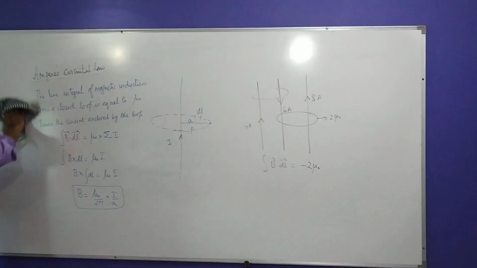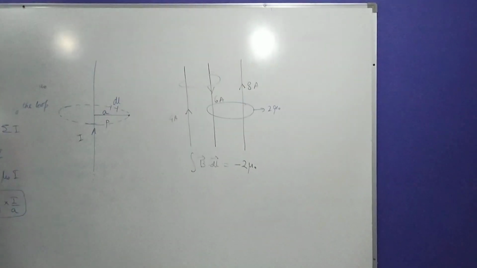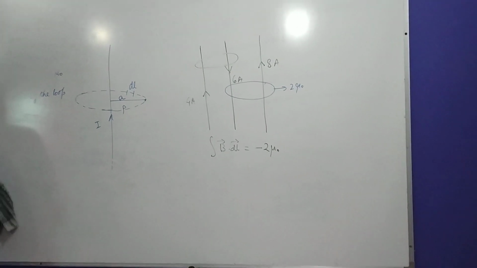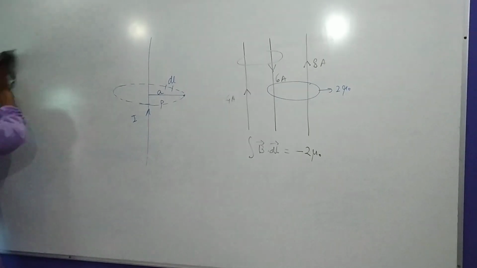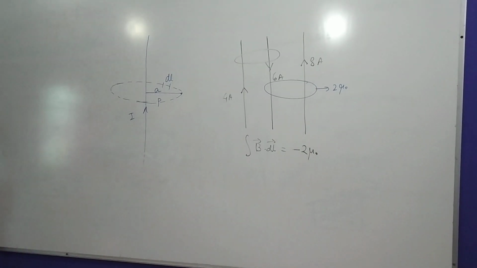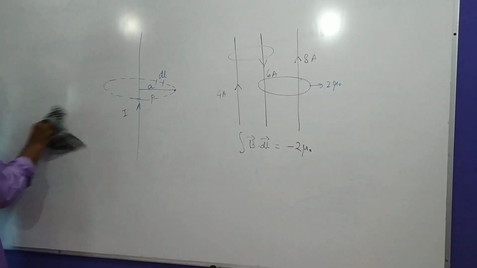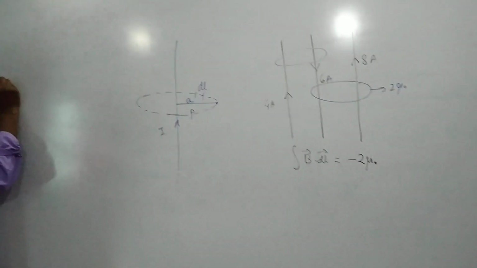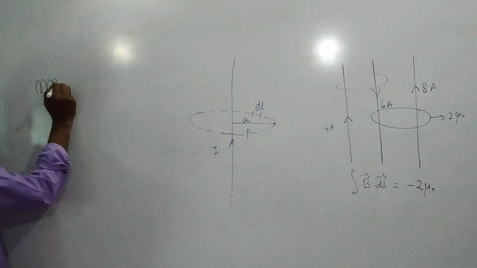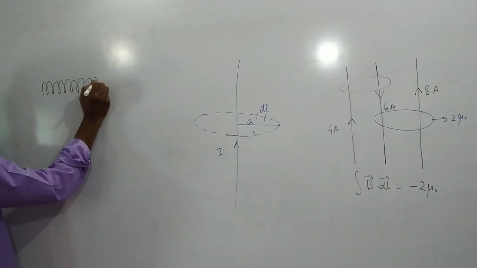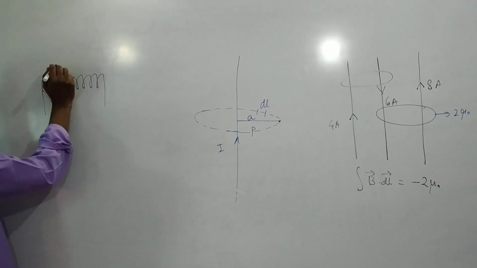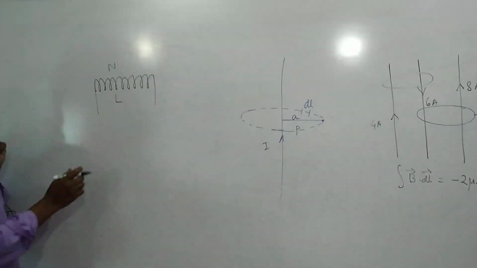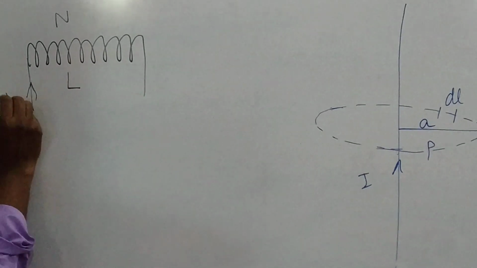Now this Ampere's circuital law is used to find the magnetic induction inside a solenoid. A solenoid is something like a cylinder having a number of turns of a coil. Suppose you have a solenoid something like this, having number of turns N. The length of the solenoid is L, and I am passing current I through the solenoid.